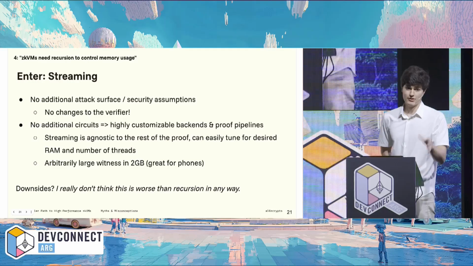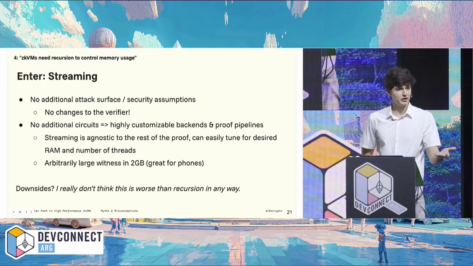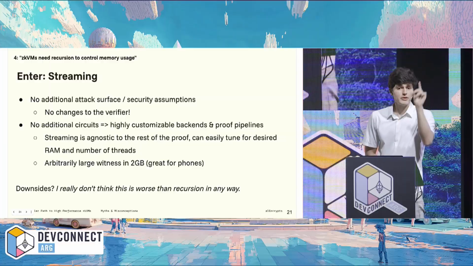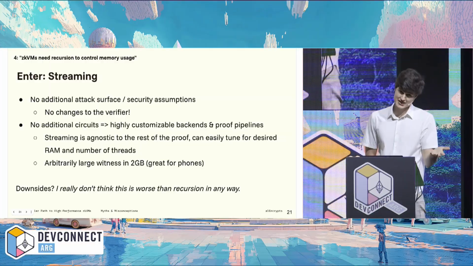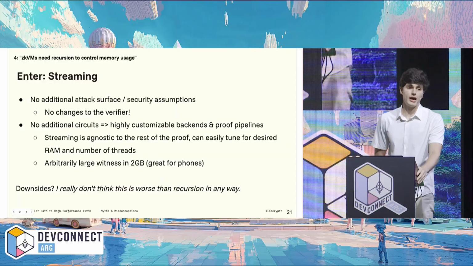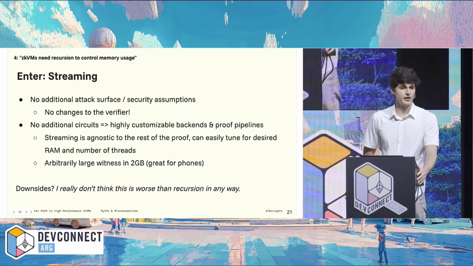When I say streaming, I mean a streaming algorithm. It does not have additional circuits, does not have an additional pipeline, and we are just streaming the execution trace through the prover. What's nice about this is you can easily tune your proof pipeline depending on the desired RAM and number of threads available.